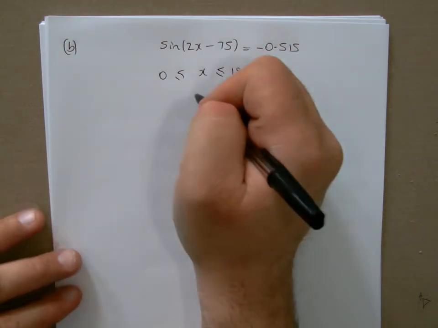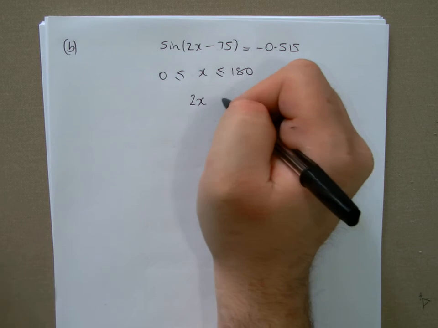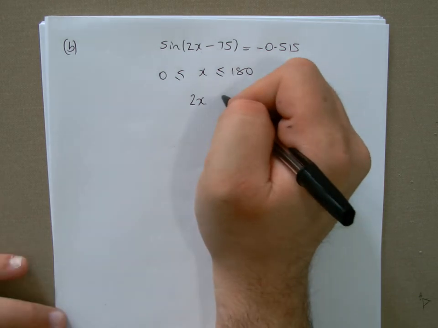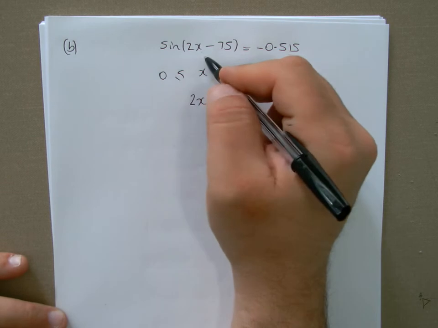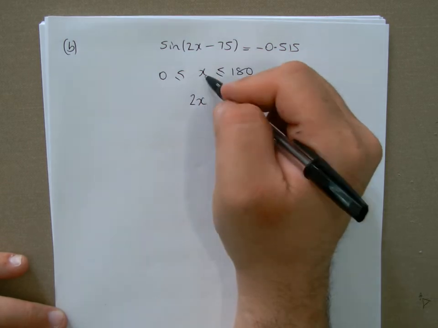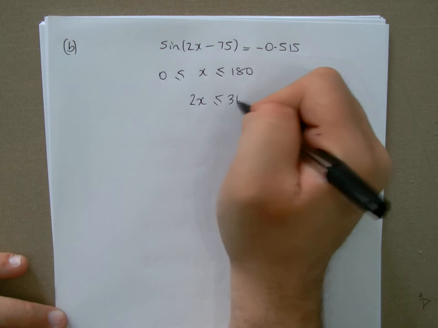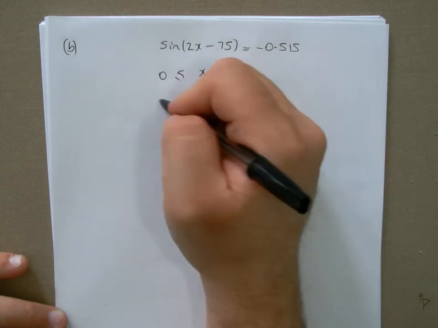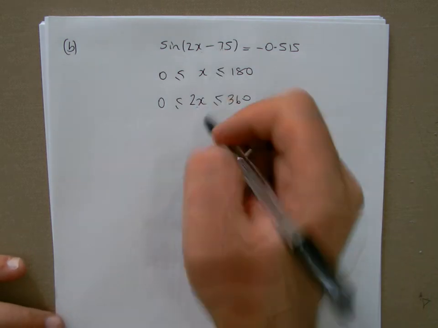So what I'm going to do is adapt my range, so I get all the solutions that I need, because I do need to get all the solutions that they're asking for between 0 and 180. So if I adapt my range, first of all I'll go for 2x, which means I'm doubling x. So I'll double this, I get 360, and I'll double 0, I get 0. So that's 2x, and then I'm going to do minus 75.